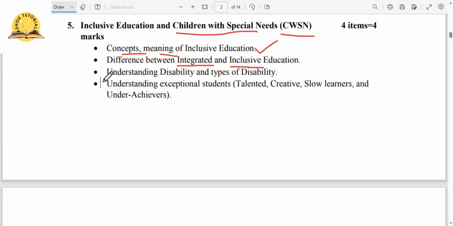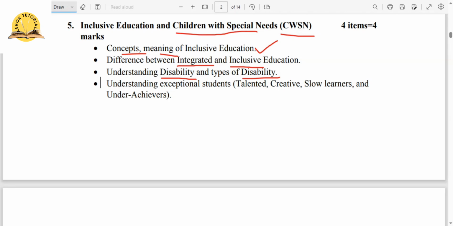Now, understanding disability and types of disabilities. See, what are the different types of disabilities the children might suffer from. We have to read that. And also here we have to study understanding exceptional students.